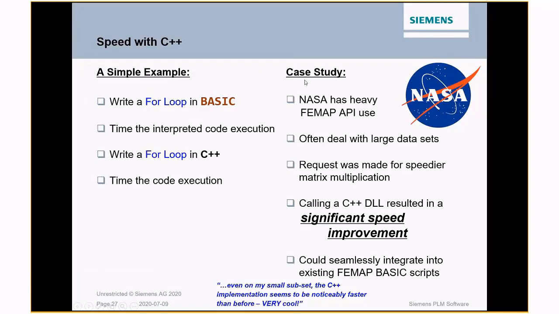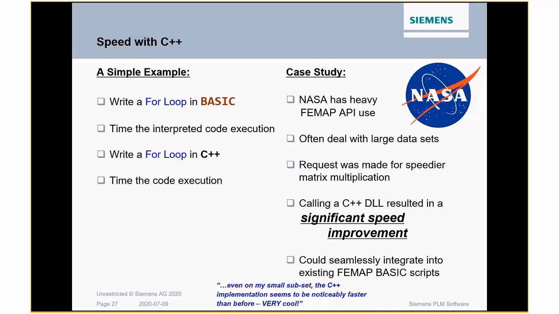This was born out of a request we had from NASA, where they use the API very heavily, and they deal with very large data sets, especially with some of the telescopes that they're working on, and some of the FE models and satellites, of course, and all their many multi-element, multi-noded models. They wanted faster matrix multiplication. It was just a limitation that they had.